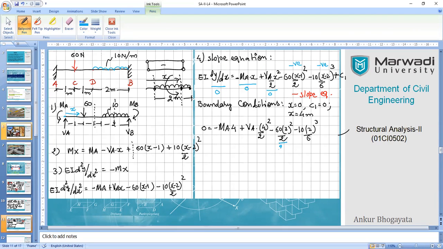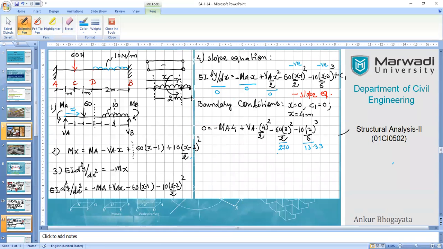And this will be 2 cube into 10 divided by 6, so it becomes 13.33. I may be slower today, but I just wanted to give you a better level of understanding. So this is 13.33.